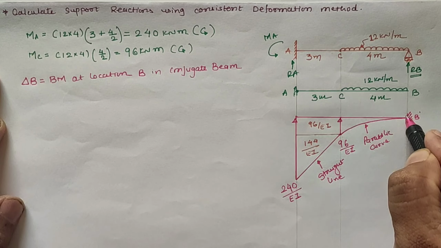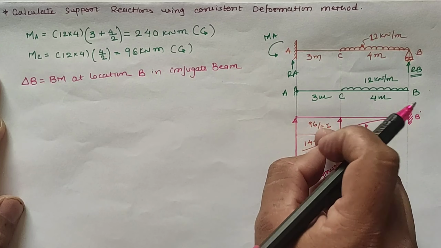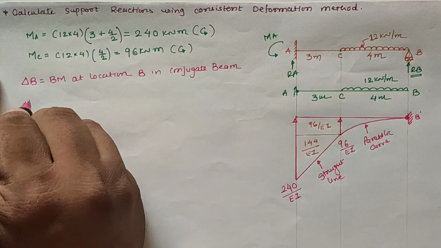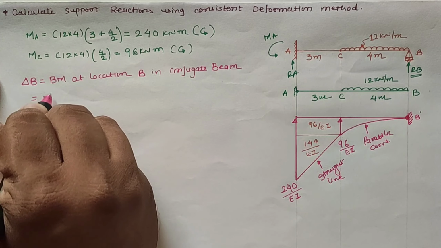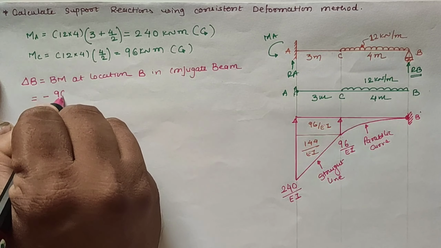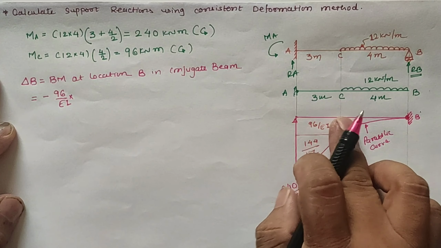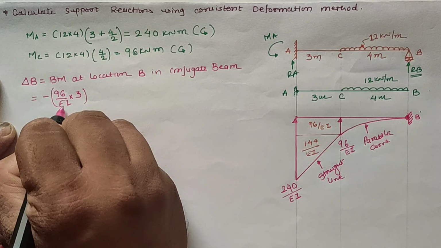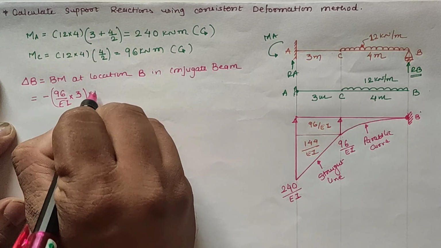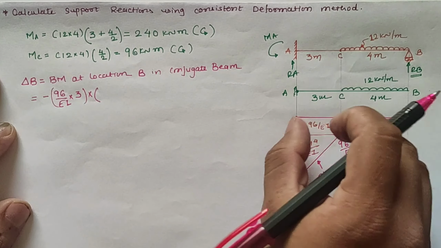So we have to take the moment at location B. Now first of all, if we take the rectangular part having the intensity 96 by EI, then the value is negative, so minus 96 by EI into the distance of 3 meters, so minus 96 by EI into 3 into, now the CG distance from location B is 4 plus 3 by 2.